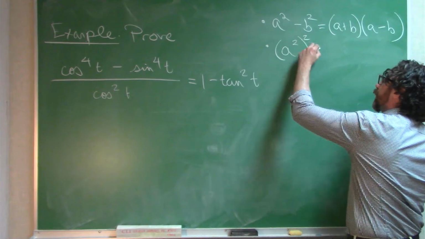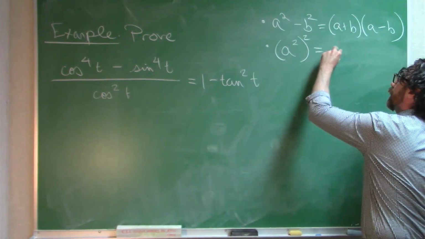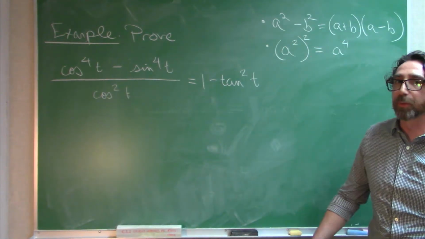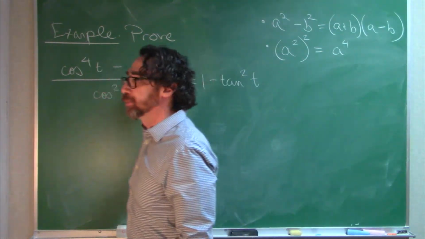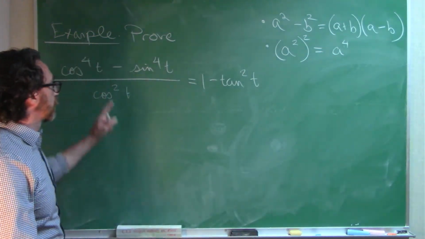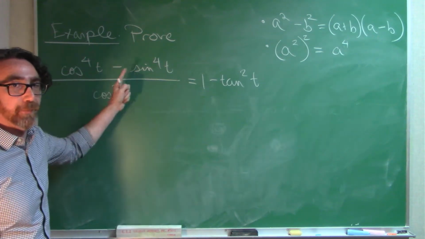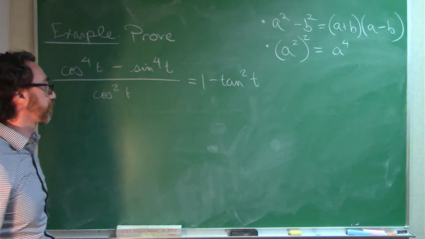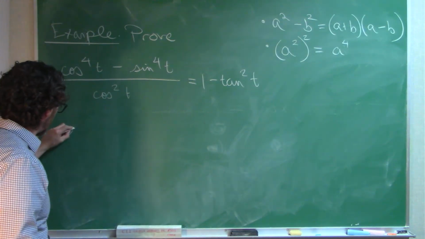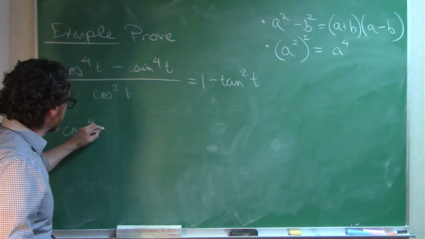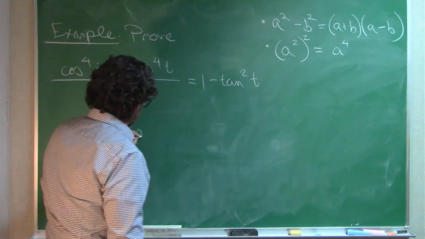If you raise a power to another power, you multiply those exponents. So my numerator here is a difference of two squares. It's cosine squared squared minus sine squared squared. Let's follow our general advice from the last video, starting with the more complicated side.